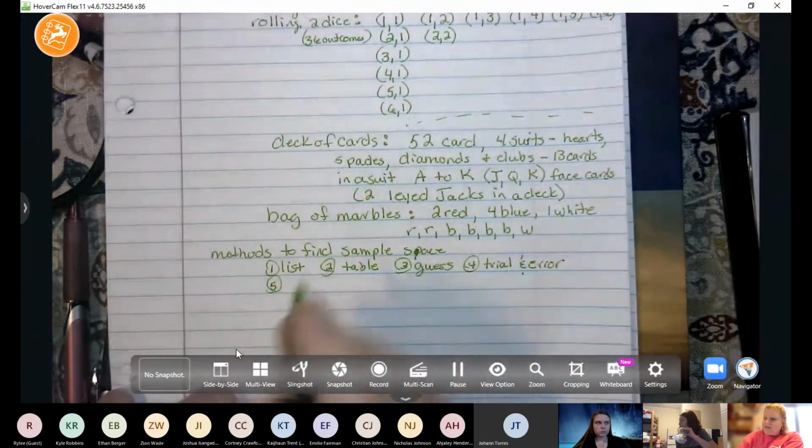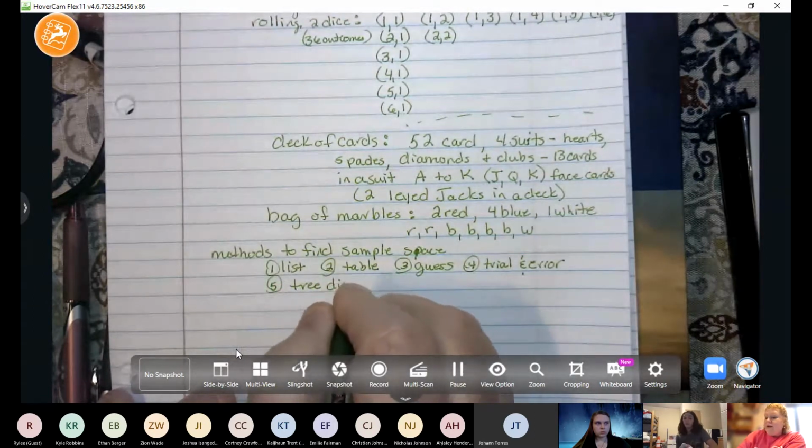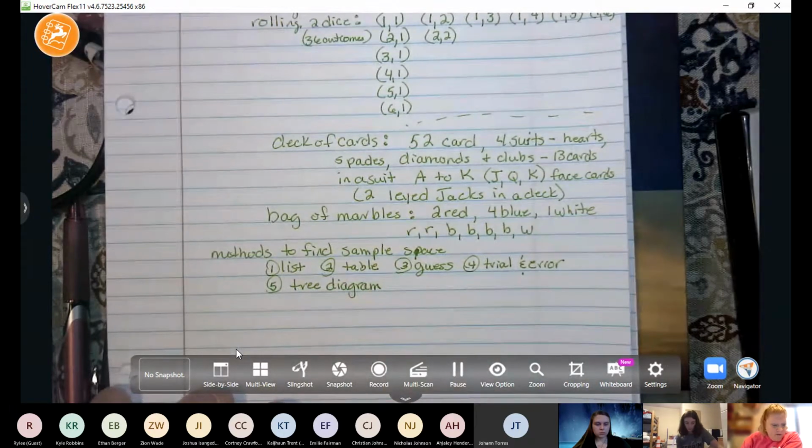Another way to figure out sample space is to use what we call a tree diagram, and we'll look at that in a moment.